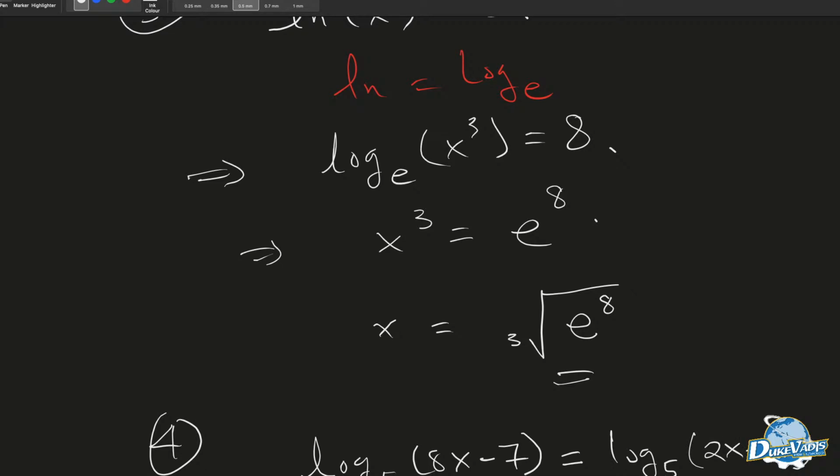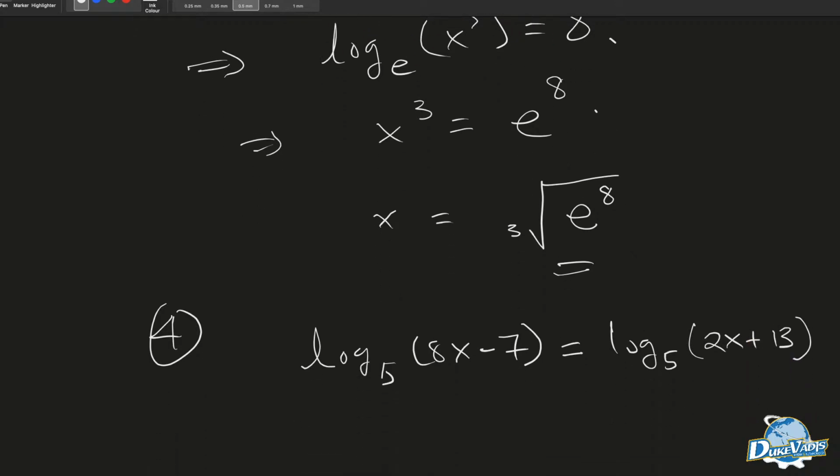You see, this equation is very interesting. It looks very long, but if you look at it carefully, it becomes so easy since we have the same base. We have a base 5 here and a base 5 here.